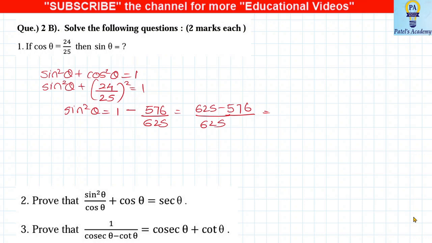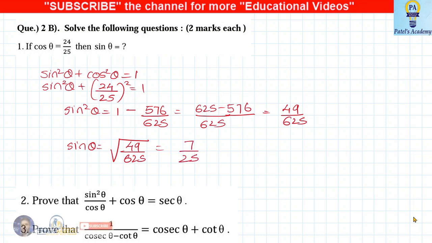That will be nothing but 49 upon 625. That is nothing but the value of sin square theta. The value of sin theta is going to be the square root of 49 upon 625, 7 upon 25. This is the value of sin theta.